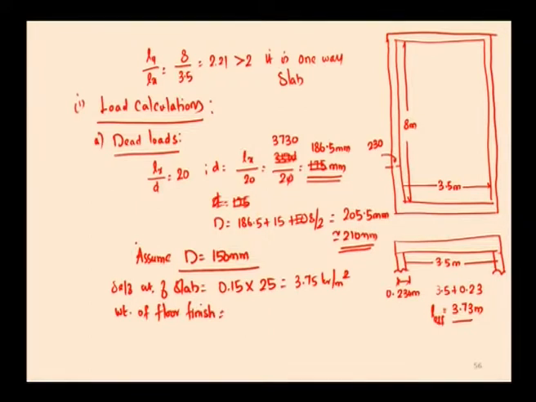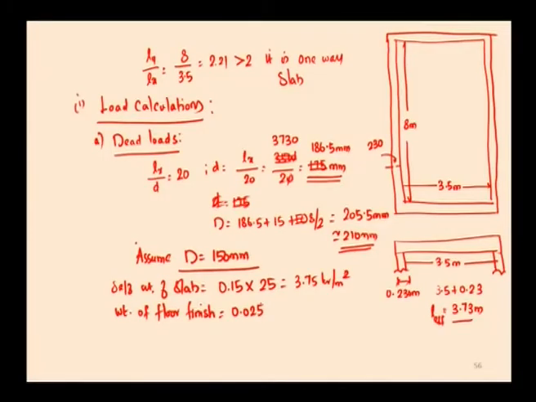Here I am assuming concrete flooring, the thickness of concrete flooring is 25 millimeter, that is 0.025 meter, multiplied by its unit weight 24 kilonewton per meter cube, that is taken as 0.60 kilonewton per meter square. In the case of a slab, the load must be calculated per meter square. So, assuming that we are designing the slab for 1 meter square, the same design can be adopted for any meter square of area of the slab.